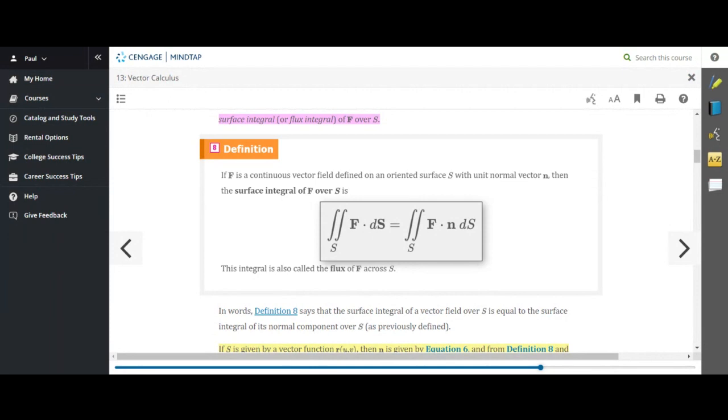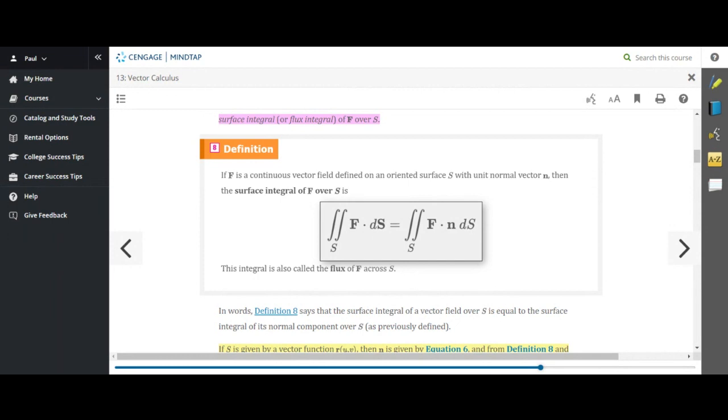When they have the double integral across the surface S of the dot product of the vector field F and n dS, that's the surface integral that we denote as the double integral over S of F dot dS vector. That's called flux. So whenever you see that, you think of flux. But remember, to compute the flux, you're finding a surface integral.